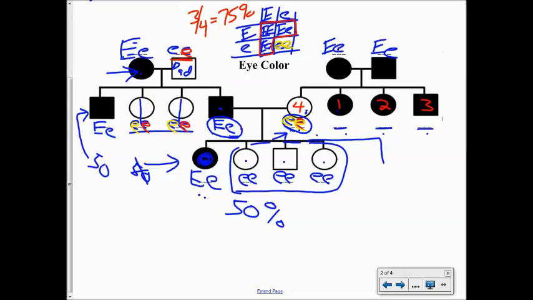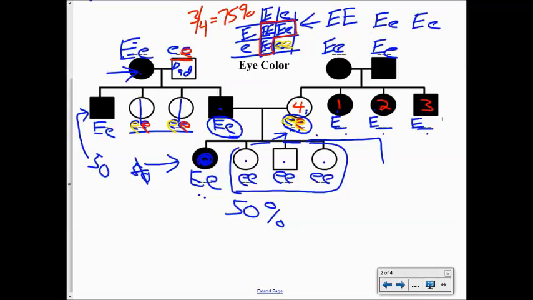We know that if they're dark, it has to have a big E. That has to be present. And if we look up at our example here, we have one option, one offspring turned out that way, but 2 others turned out like this.